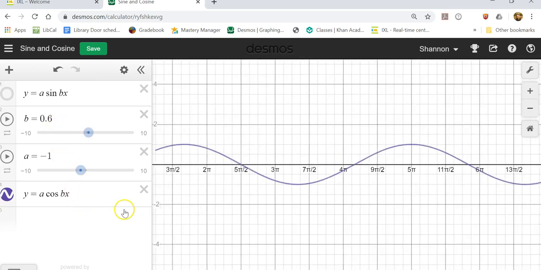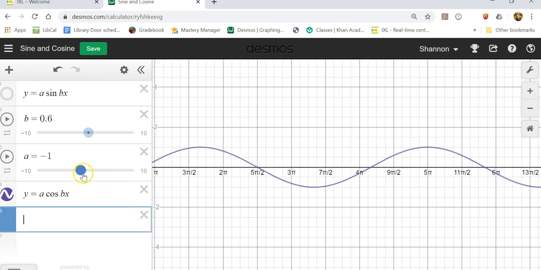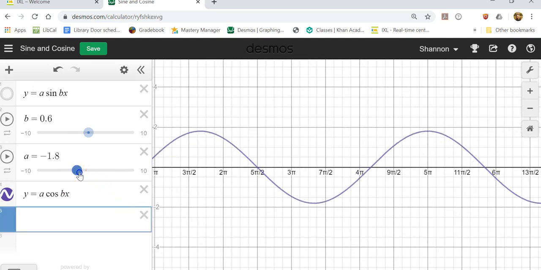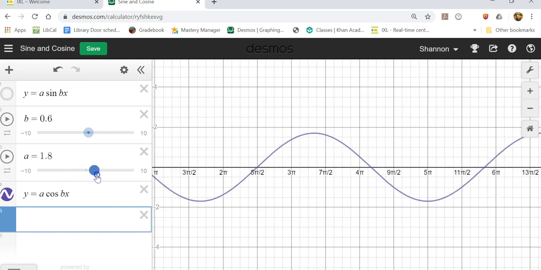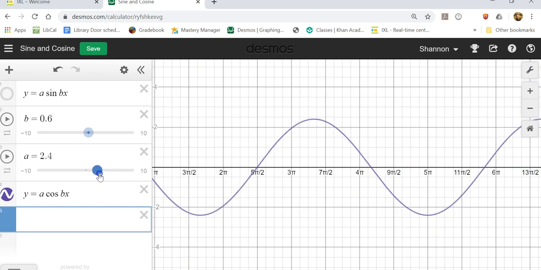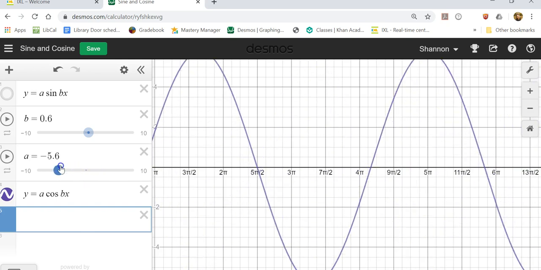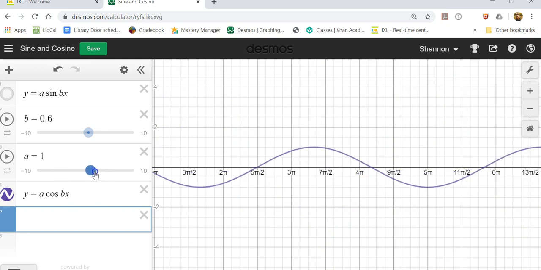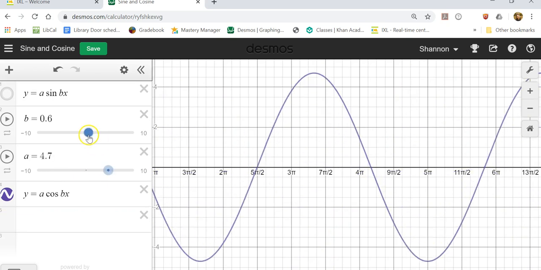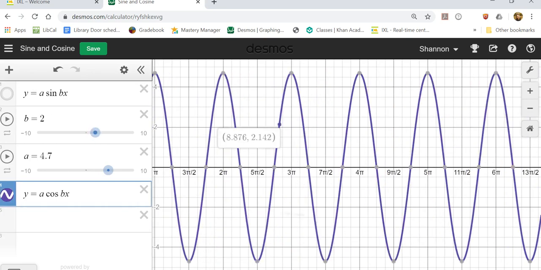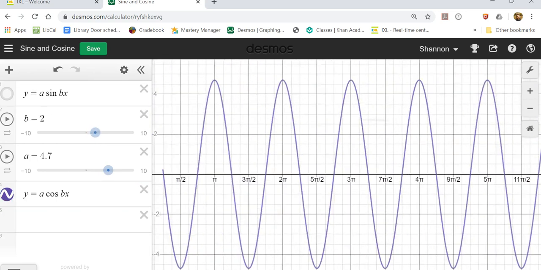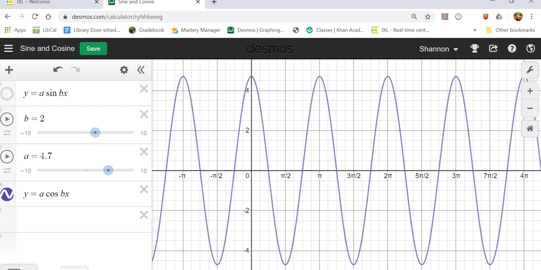So when the a value is negative, and as it gets more negative, it just stretches more into the negative. As it gets more positive, it stretches into the positive. All right, so we're centered on the x-axis right now, and we're just going up and down. As I shift my b value, I want to shift the whole thing over so I can see my x-axis.